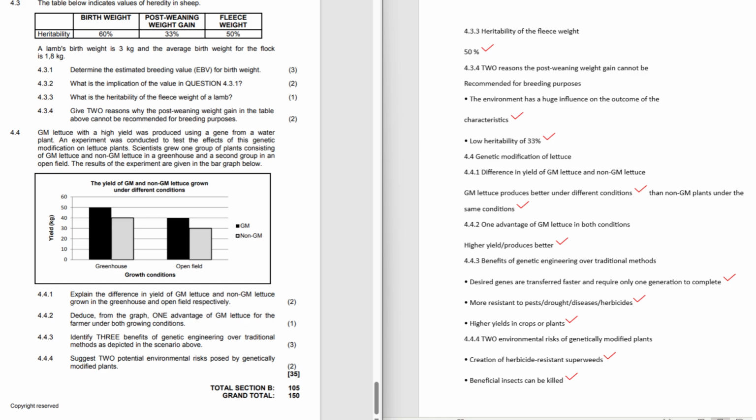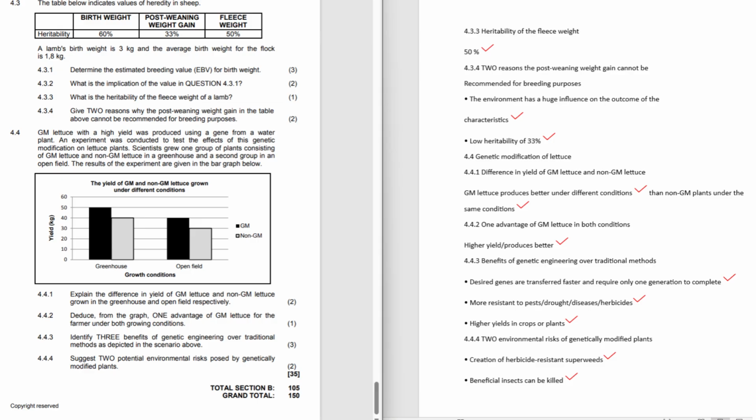Next is GM lettuce, GM, genetic modification, right? GM lettuce with a high yield was produced using a gene from a water plant. An experiment was conducted to test the effect of this genetic modification on lettuce plants.